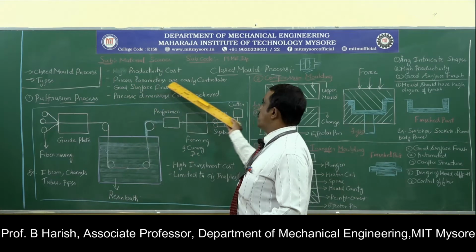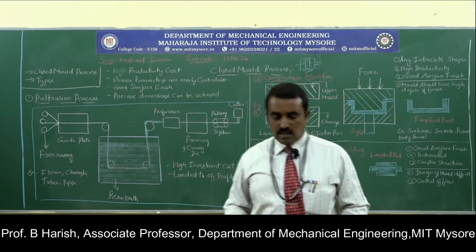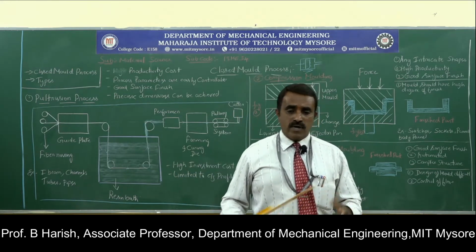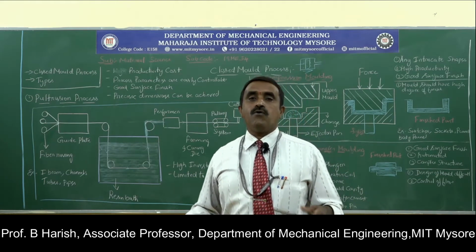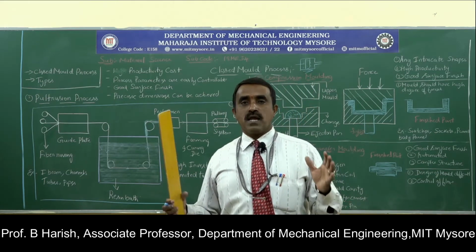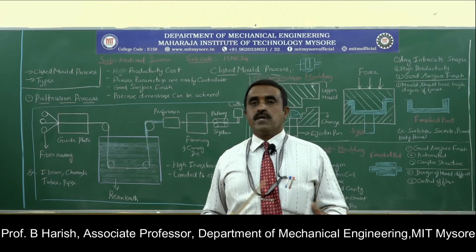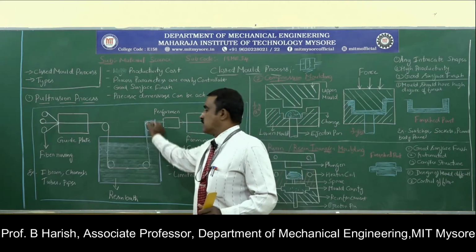Second one, process parameters are easily controllable. That is the next advantage. So what are the process parameters? Process parameters are those which define how effective the system or the process is. There will be certain parameters which guide that particular process. Here process parameters can be easily controlled, for example the thickness.